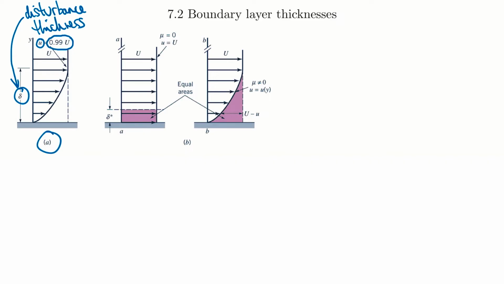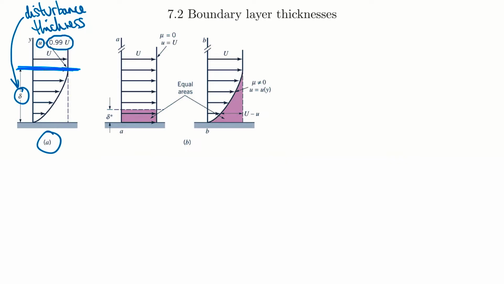When you reach 99% of that, that's where we decide the boundary layer stops, and we denote that as delta. Everything within that is boundary layer, outside of that it's not, so viscous effects matter in that region and they don't matter outside of it. That's a great definition, but a little more tricky in practice.